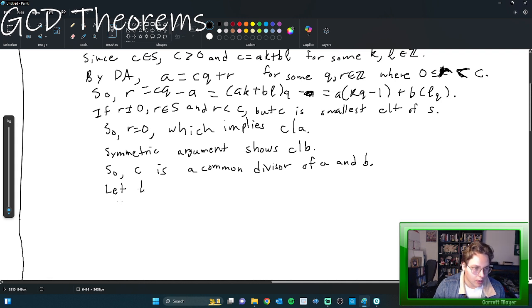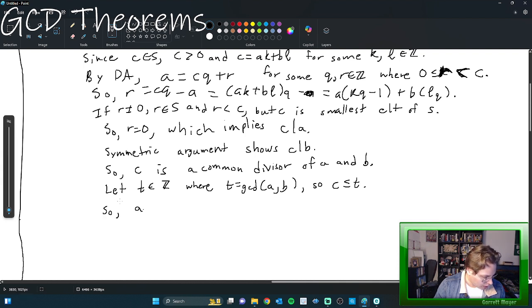So we're going to let T be an integer where T equals GCD(A, B). So C is less than or equal to T, because C is a common divisor, so it has to be less than or equal to the greatest common divisor. So A equals TG and B equals TH for some G and H that are integers. Okay, so that's the first step.